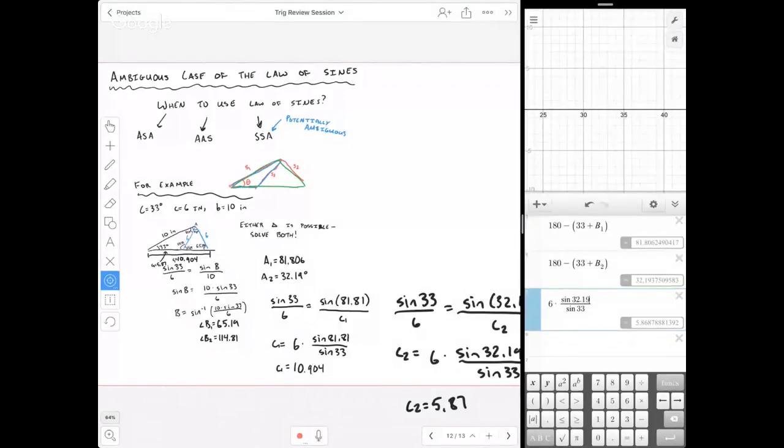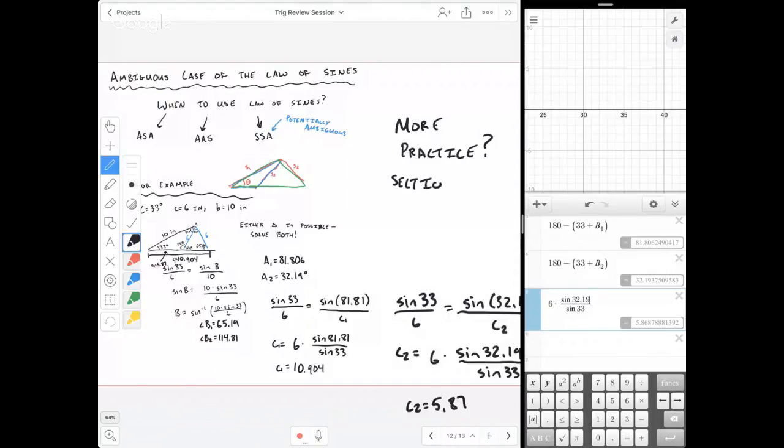If you want to look for more practice on that topic, it's in section 8.2 on the law of sines, and I think questions 25 through 35 are all practice on the ambiguous case. Section 8.2, 25 to 35.